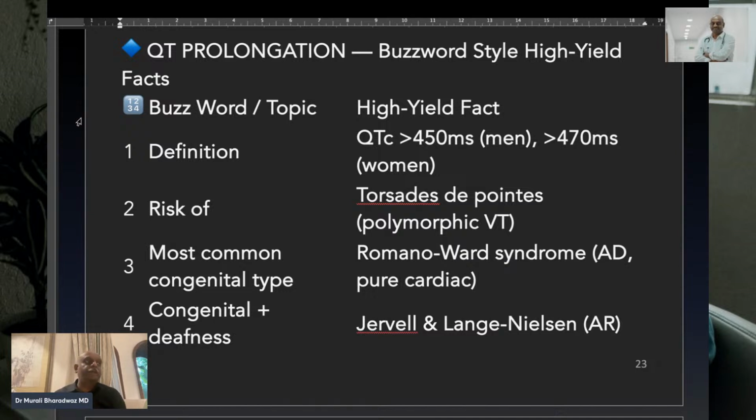Normally it is less than 420 milliseconds. You call it prolonged if it is more than 450 in men and more than 470 in women. That is what you need to remember.